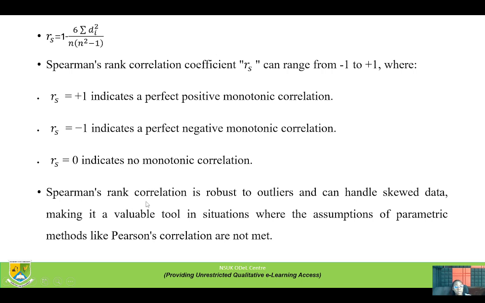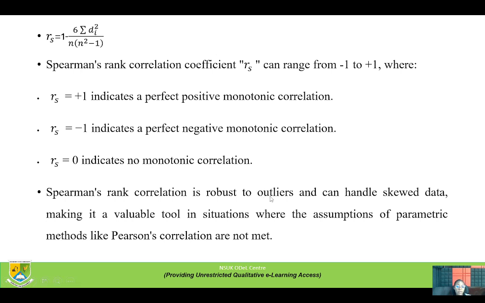Spearman's correlation is robust to outliers and can handle skewed data. You remember earlier I explained outliers as observations that differ significantly from the rest of the observations in a data set.